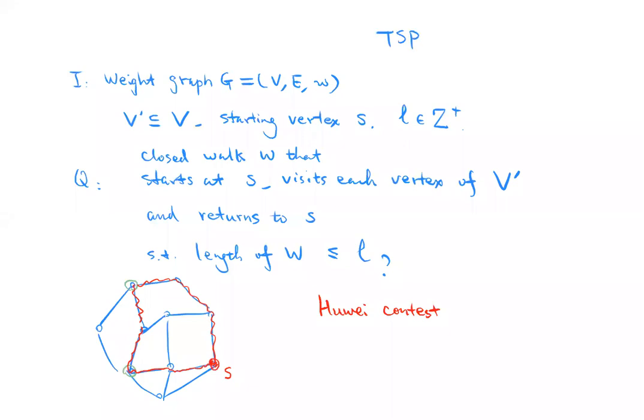Yeah, exactly. TSP, when V prime equals V. As I said, usually we take extremal, set the parameter to the extremal case, the boundary value. All right. So of course you can say Hamiltonian cycle, but it's more like a reduction. Okay. So that's a special case.